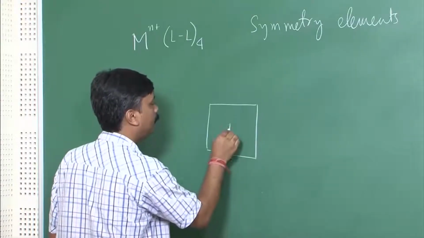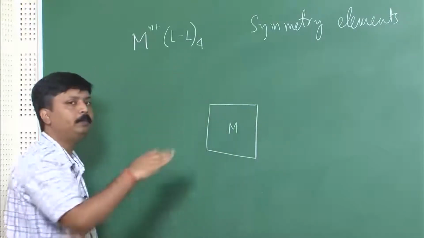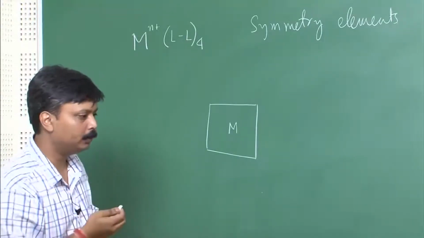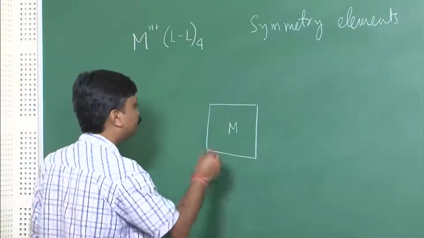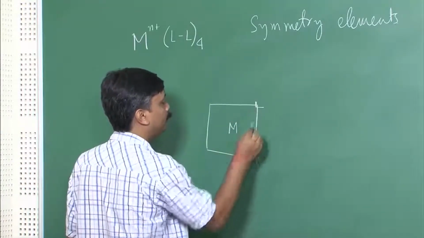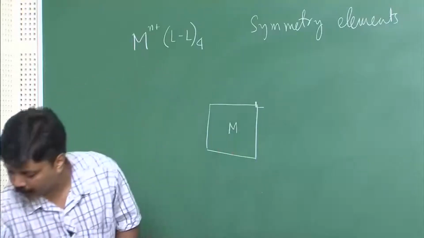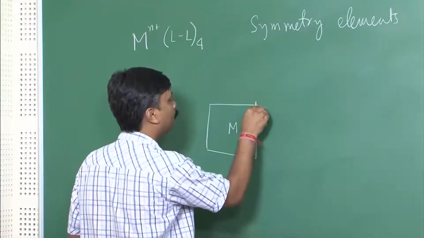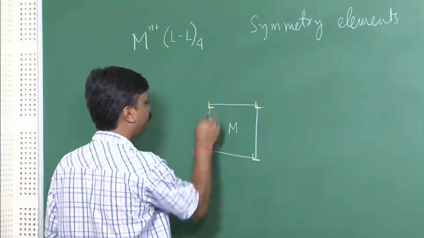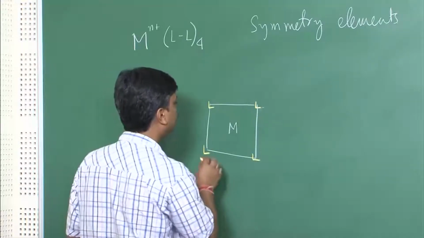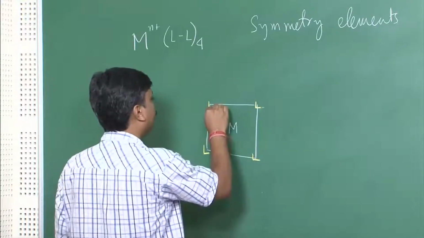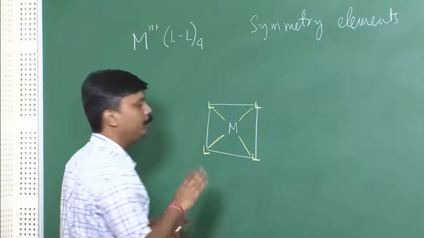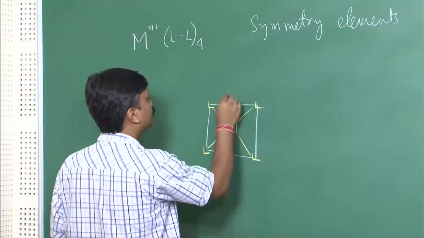This is going to be pretty similar to the case of Co(en)3. Let me put the ligands here. Maybe I will use a different color. You have to remember that these are bidentate ligands, and here we are ignoring the charge.